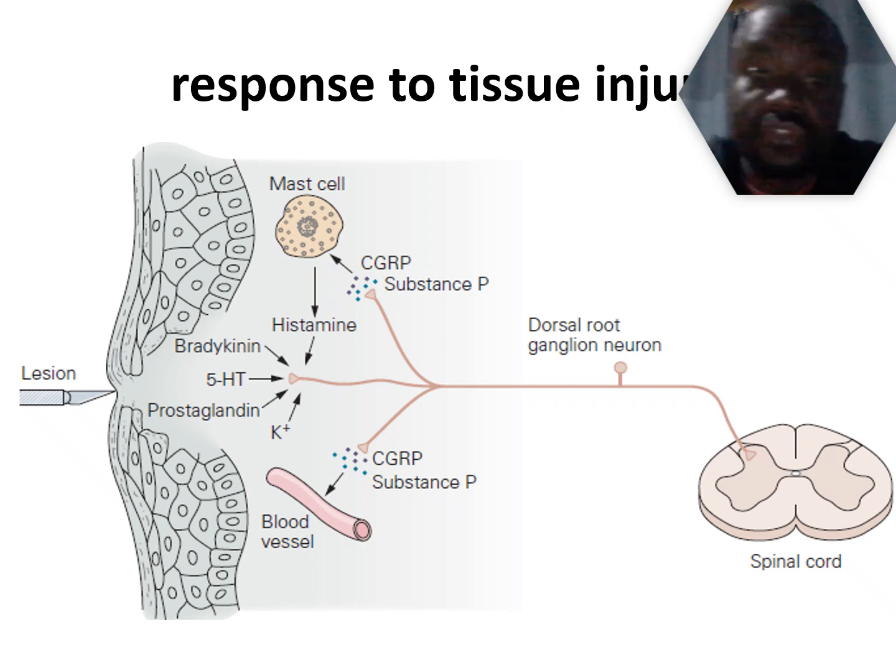Here we want to illustrate how pain signals are generated from tissue injury. If you consider a nail, a sharp object that injures the skin, the first thing that will happen is that some cells will be broken, and what will be released is one of the electrolytes, potassium.